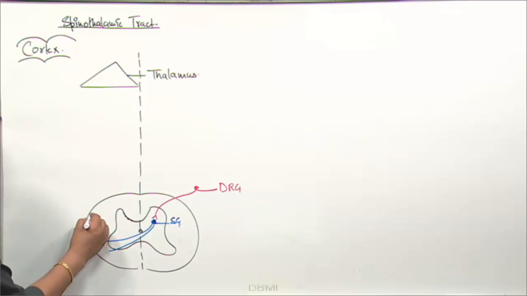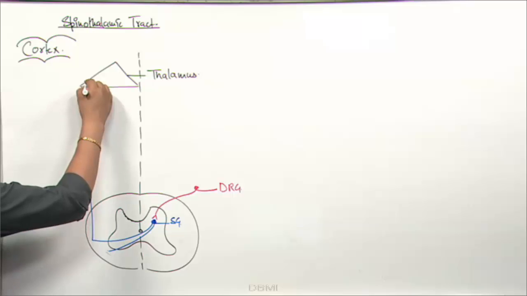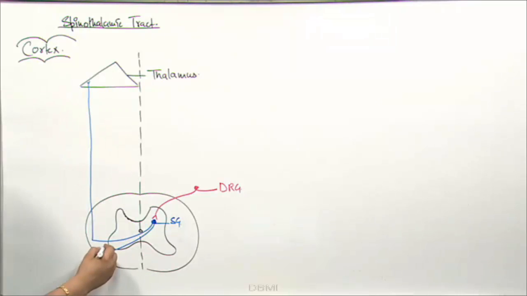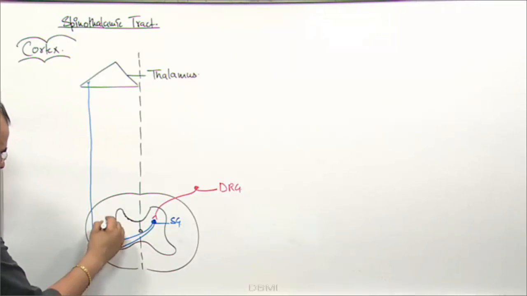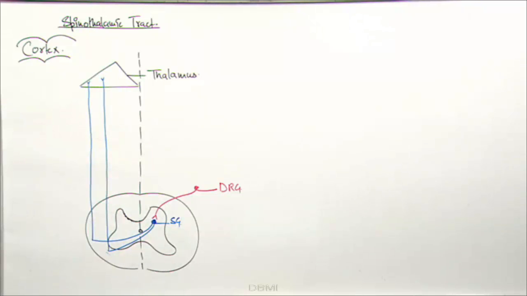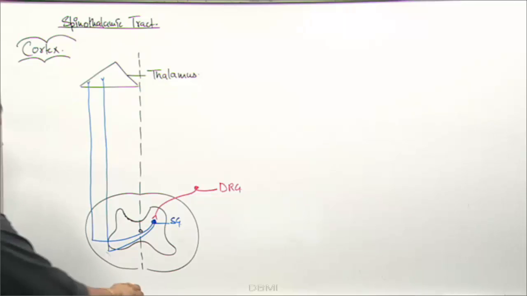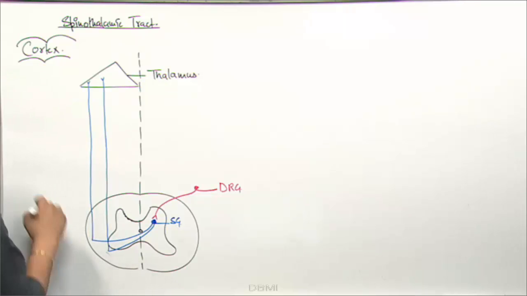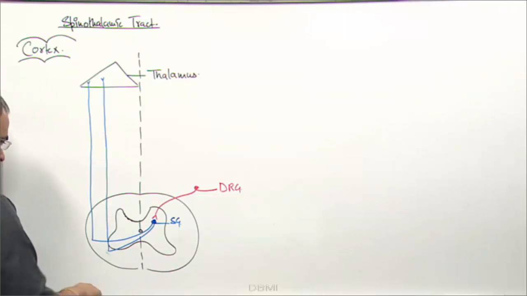So let's say this is the lateral spinothalamic tract to reach the thalamus, and there's the anterior spinothalamic tract. So make sure you label them in the lower part only here.